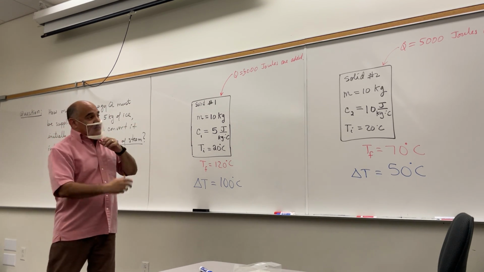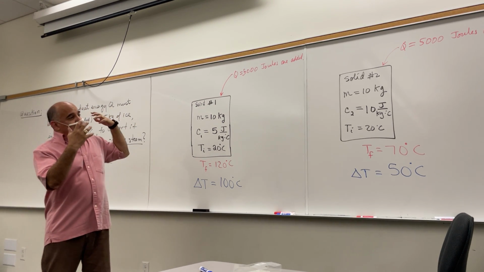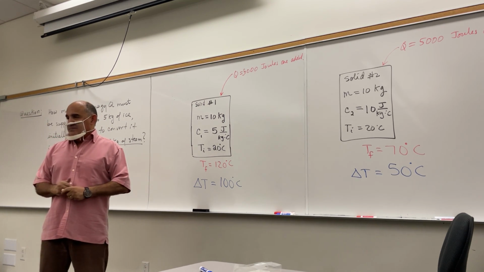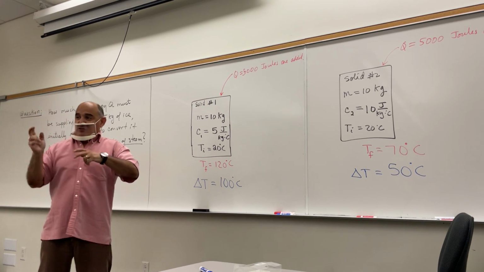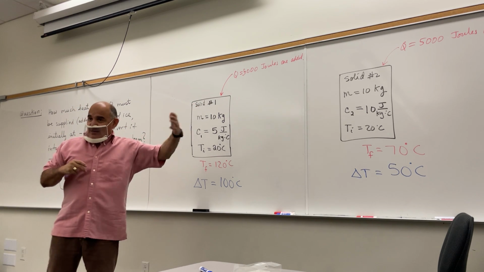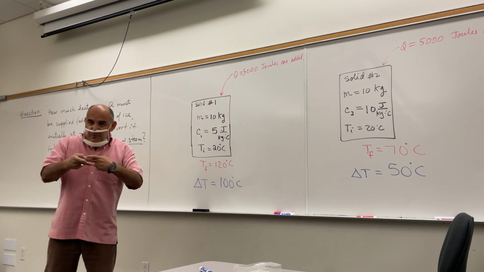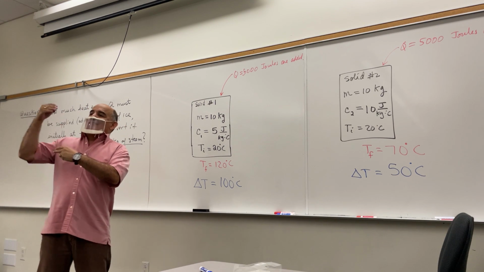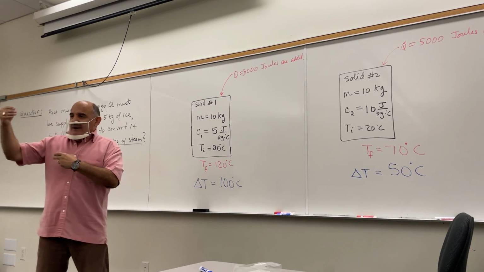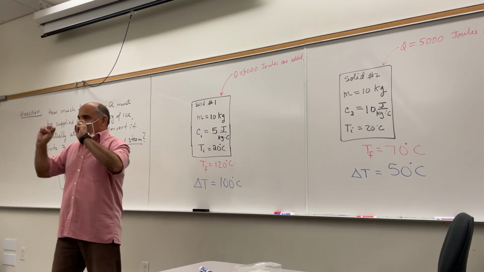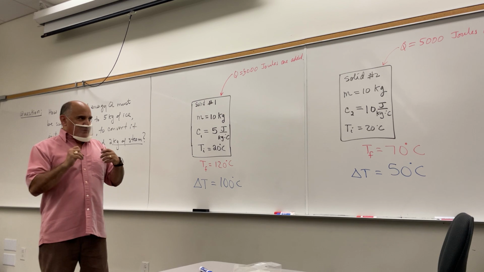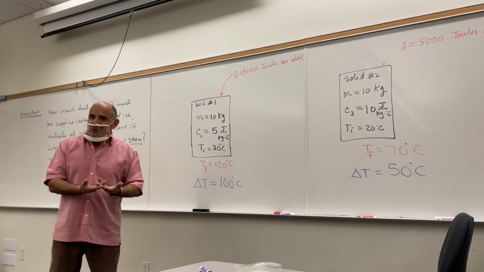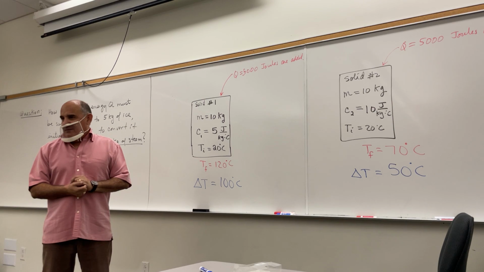So objects have a tendency to maintain their temperature. They resist not changes in motion, that would be the mass, or changes in rotational motion, that would be the moment of inertia. In this case, they resist changes in temperature. And a measure of that inertia, the object wanting to maintain its temperature, is the specific heat.